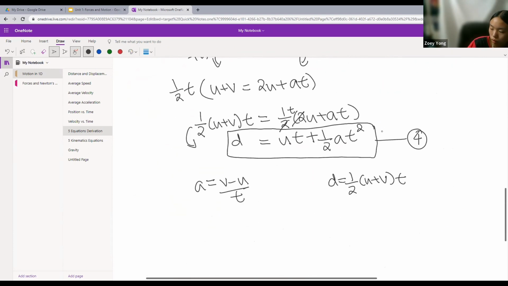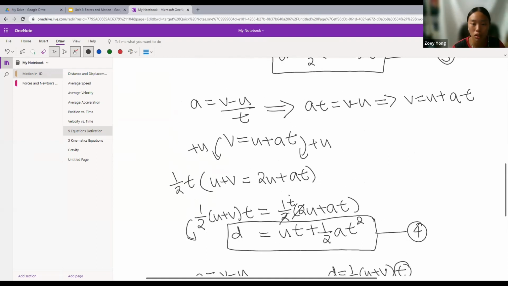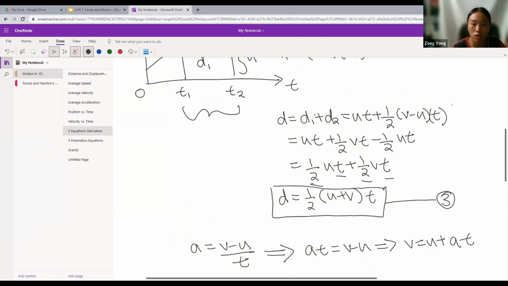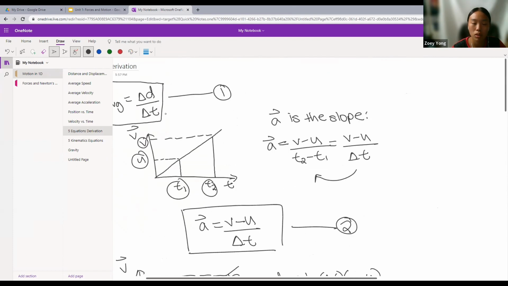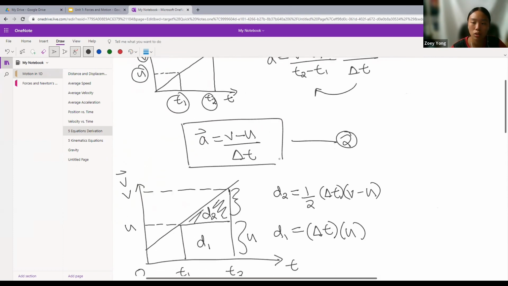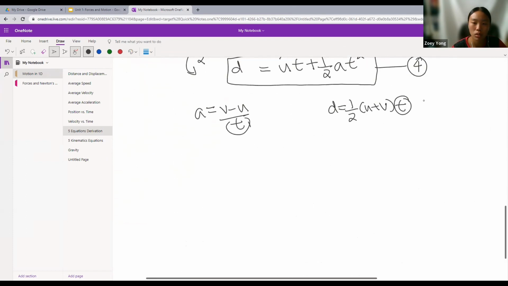The first thing we want to do is multiply both of these to get rid of this t and that t, because if you look at all the equations that we just derived, they all have a t. So you want an equation that can help you figure out a variable without having to be given time.